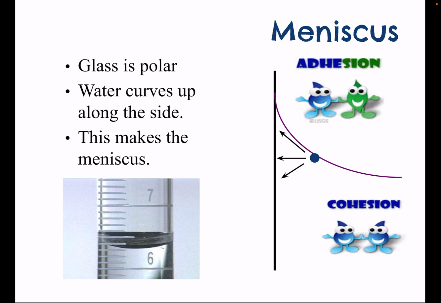So in this picture here, you see the arrows representing how water sticks to the sides or wall of the tube or glass graduated cylinder. In the bottom here, you see that water, of course, sticks to itself as well, and this causes it to pull up on the sides of the tube. And by the way, when you're in the lab, you always read the bottom of the meniscus. The U at the bottom is where you take your reading.